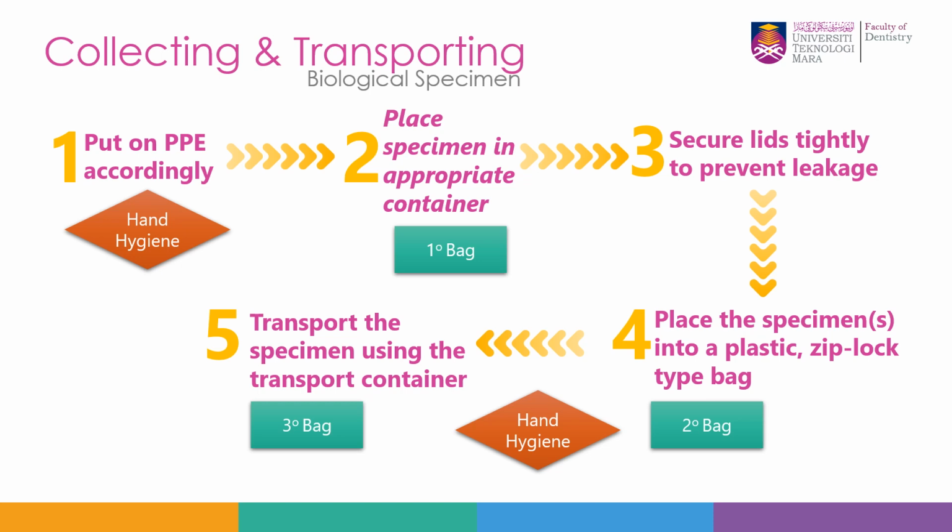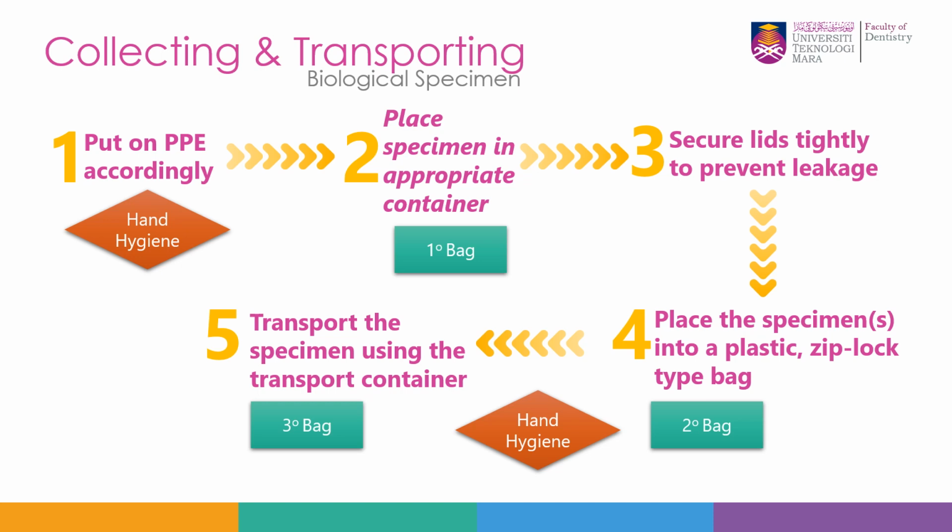So, as for the flow, to summarize, sending the biological specimen, which is considered as biohazard: first, do the hand hygiene and put on the PPE accordingly. Place the specimen in the appropriate container and put it in the first bag.